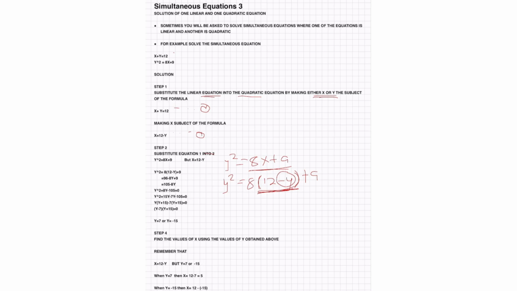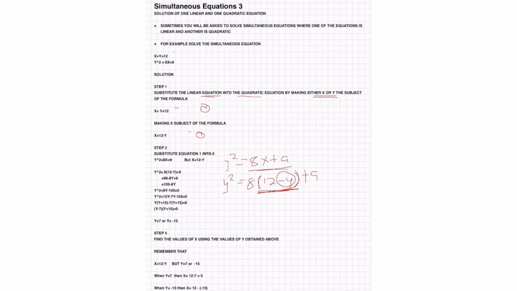Then from there, you simplify. 8 multiplied by 12 gives 96. Do it on your own calculator. Then 8 multiplied by minus y gives negative 8y, plus 9. If you add these, you get 105 minus 8y. Now you simplify the quadratic equation.